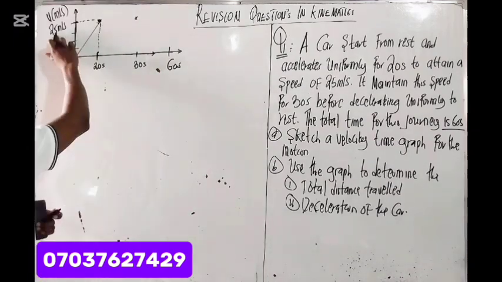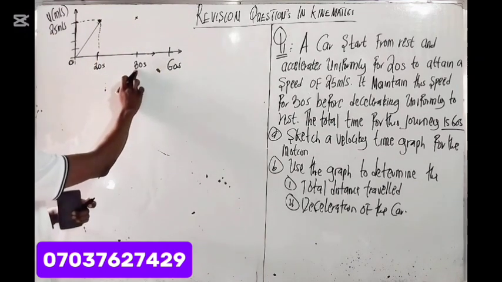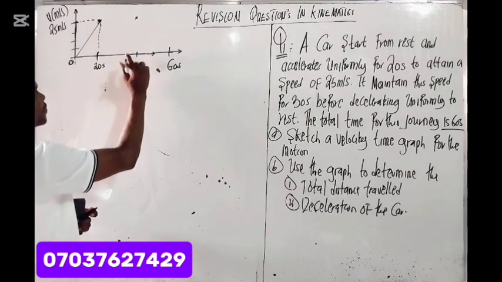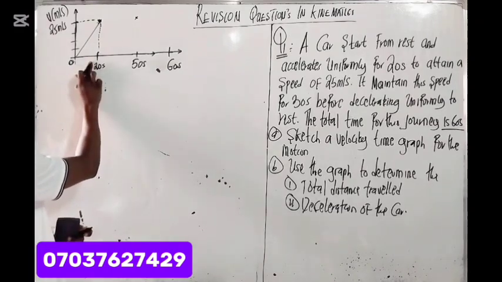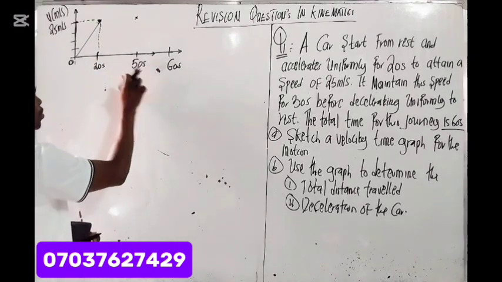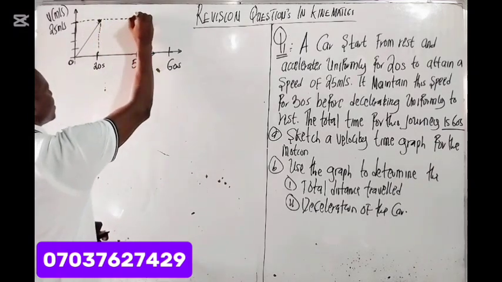It maintains the speed of 25 meters per second for 30 seconds. So you're not going to put 30 here like what I did earlier. That would be 50 seconds, because from here to here is 20, then from here to here is 30, and the total is 50. So here we have this point. Then you draw it down.